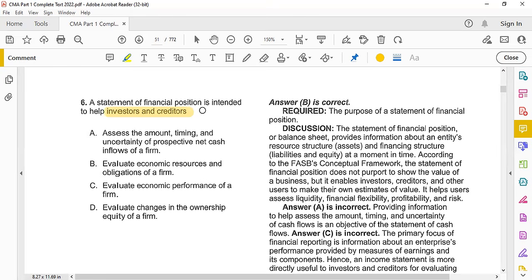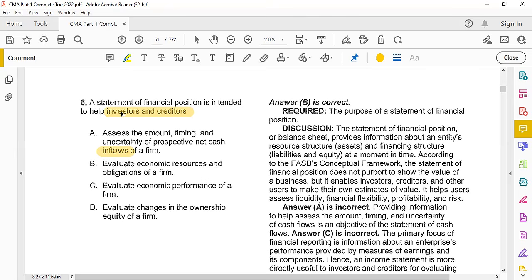They are saying that a statement of financial position is intended to help investors and creditors in which way? Assess the amounts, timing, and uncertainty of prospects of net cash inflows? No, it's not cash inflows. It is accrual accounting, not cash basis accounting. Financial accounting is accrual based, not cash based. So your first option is not correct.